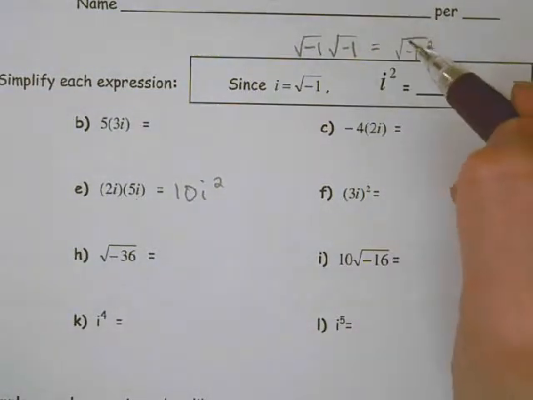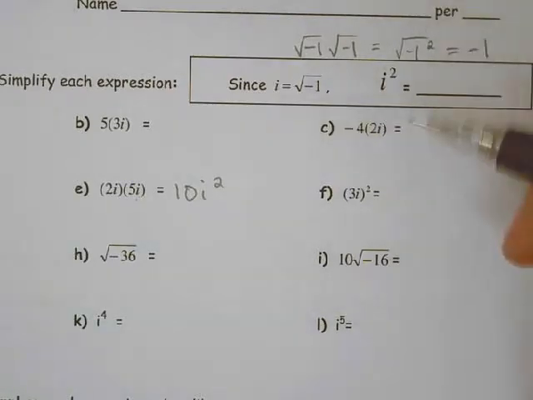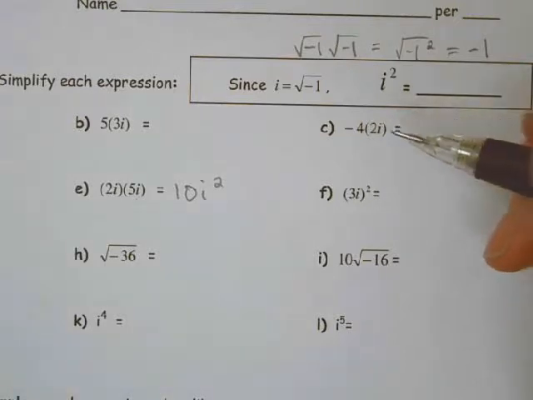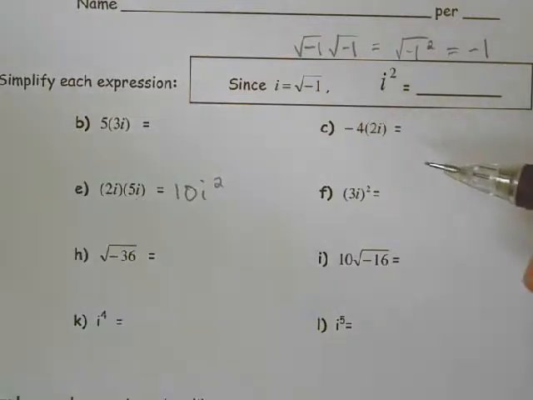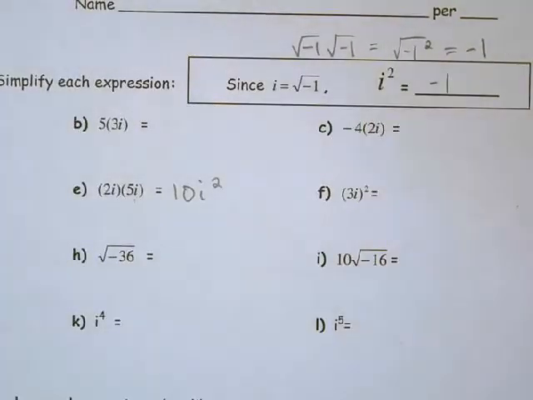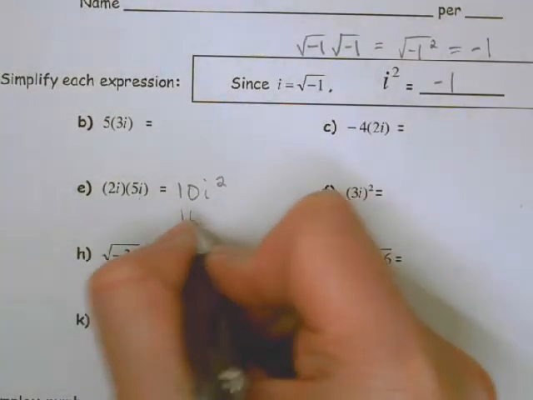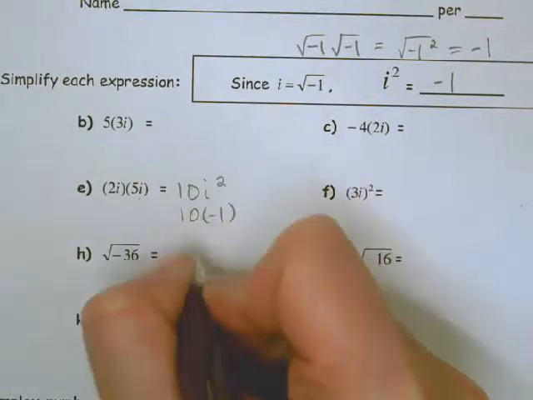So square and the square root, those undo each other, so that equals negative 1. And there are some difficulties with that I'm not going to get into because one of the things that we just accept is that i is the square root of negative 1 and i squared is negative 1. So if I have 10 times i squared, that's the same thing as 10 times negative 1, which is negative 10.